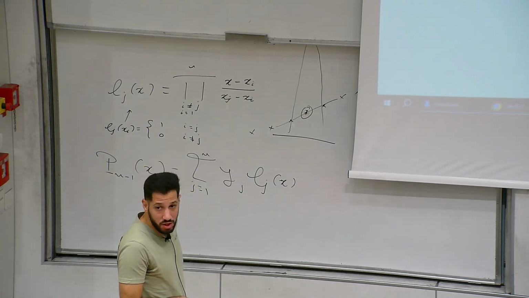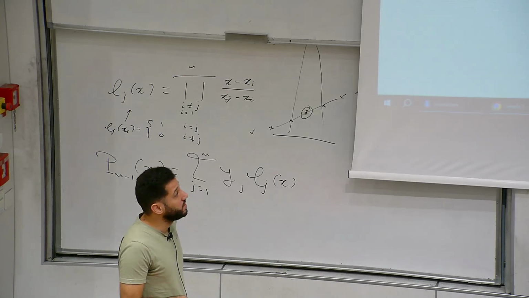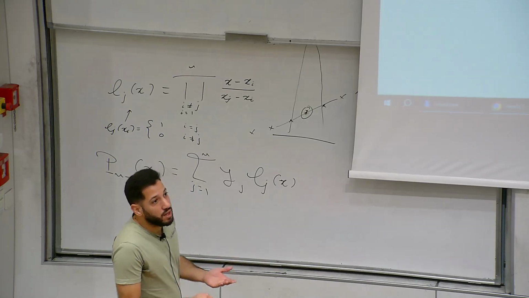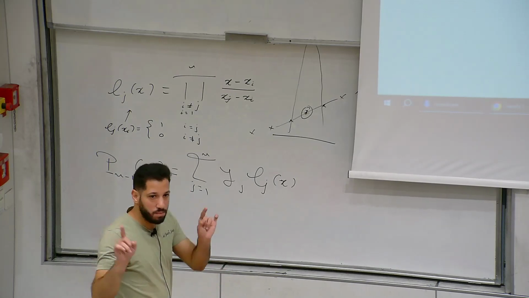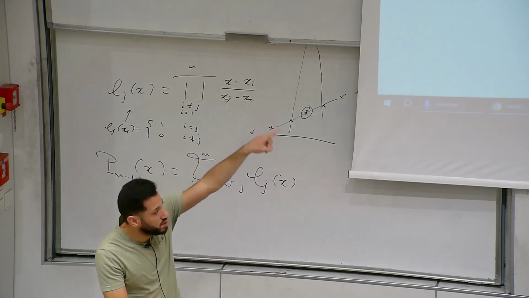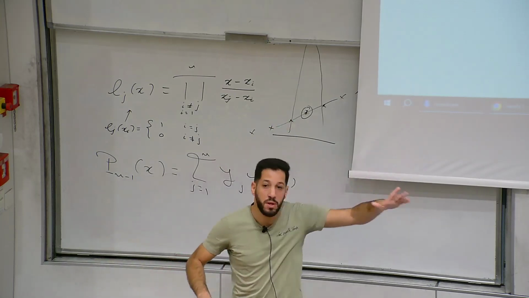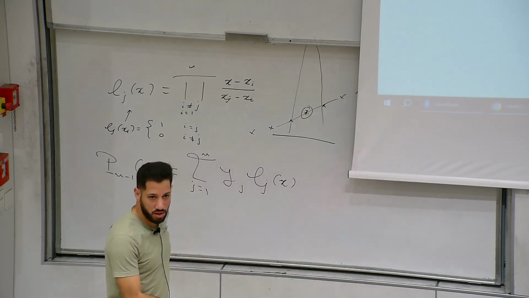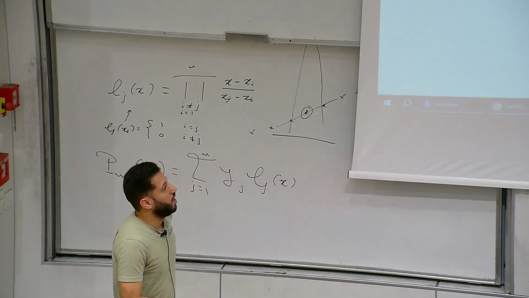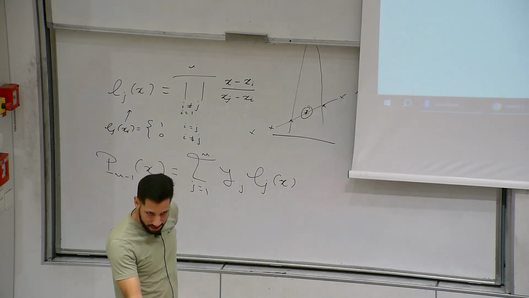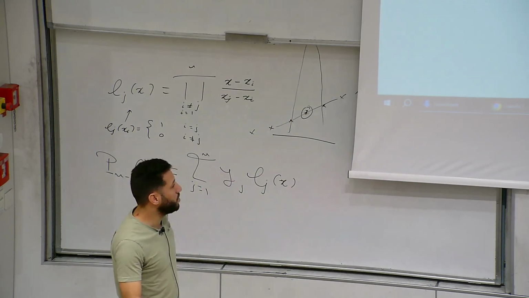But if we don't know anything, and if we can only measure, for example, these points and this point and this one, that's the interpolating function that we can get. Of course, we can make this better, but I'm talking about Lagrange.